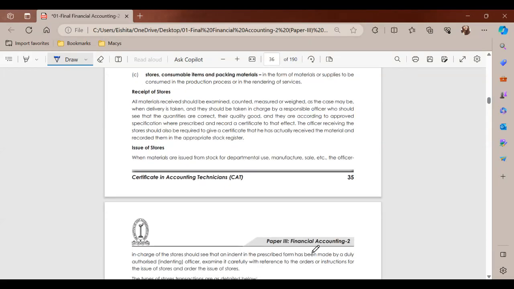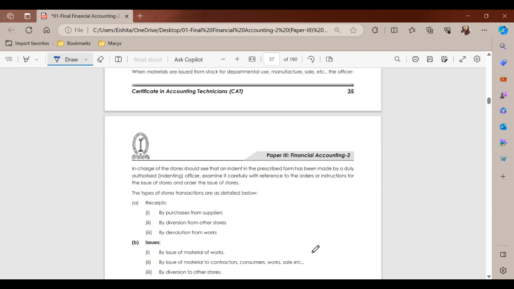The officer in charge of the stores should see that an indent in the prescribed form has been made by a duly authorized indenting officer, examine it carefully with reference to the orders or instructions for the issue of stores, and order the issue of stores. So what will he do?